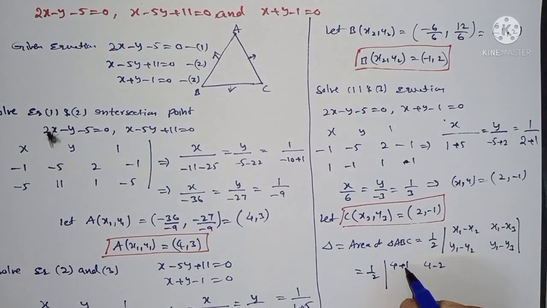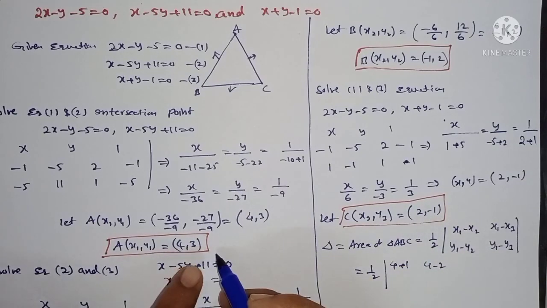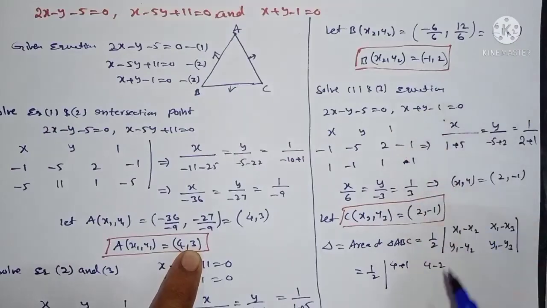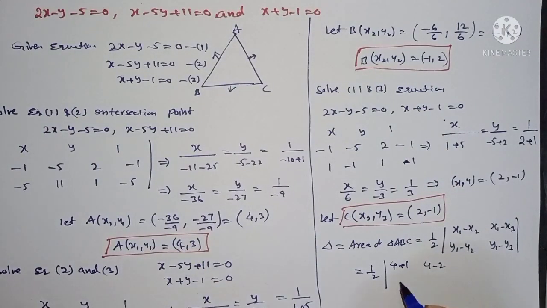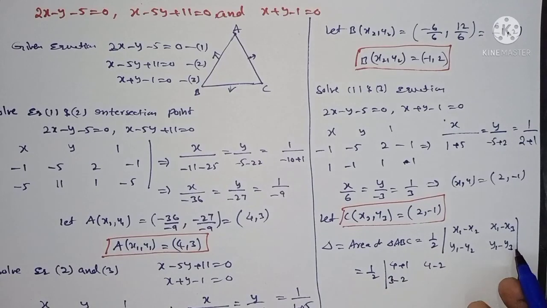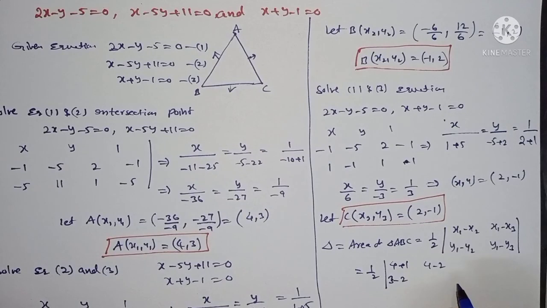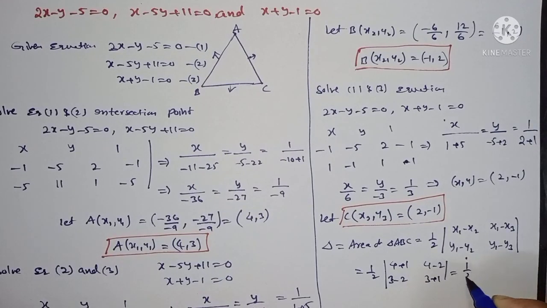Therefore 4 plus 1, 4 minus 2, y1 minus y2, 3 minus 2, y1 minus y3, 3 plus 1. 1 by 2 of 5, this is 2, this is 1, this is 4.